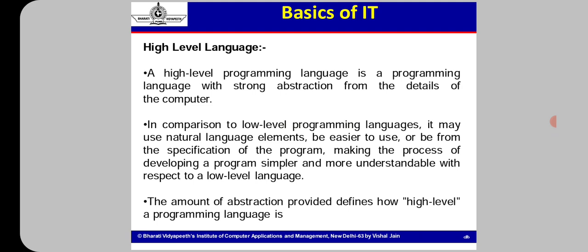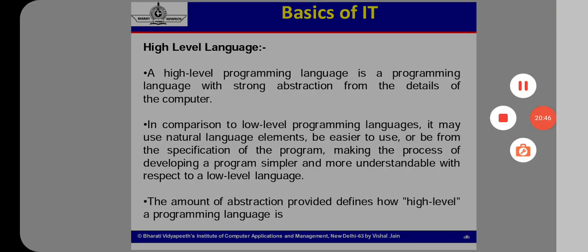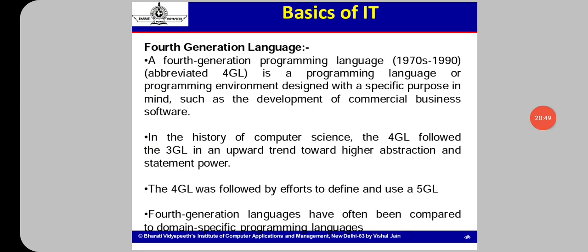They are easier to use and easy to program, and the programming part is easy to understand, easy to follow and store. So all these are the different features of high level programming language.